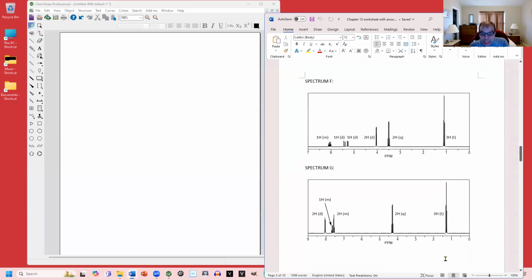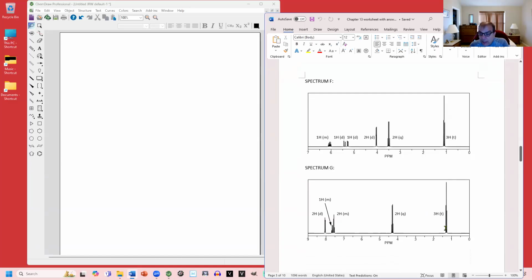What about spectrum G? Well, here we have some peaks that are at a chemical shift even further downfield from the vinylic range. Before, our peaks were in the 5 to 6 parts per million area. Now we're at about 7.5 or 8. So those have to be aromatic hydrogens. In addition to that, we have again an ethyl group.